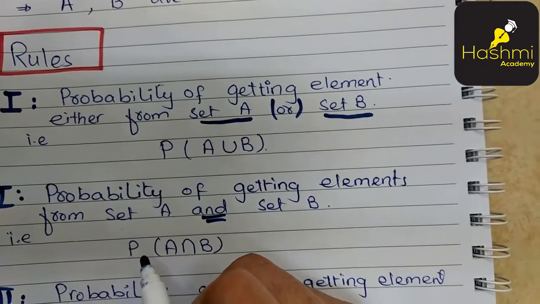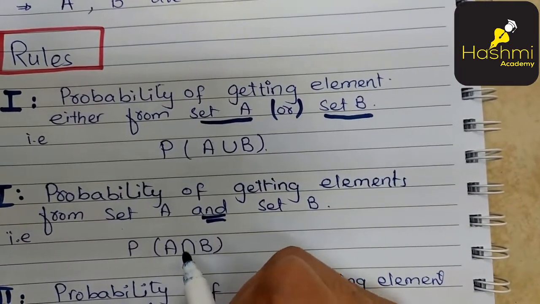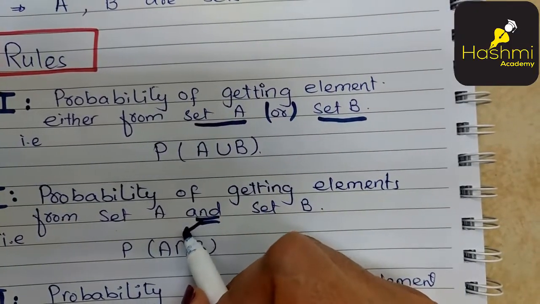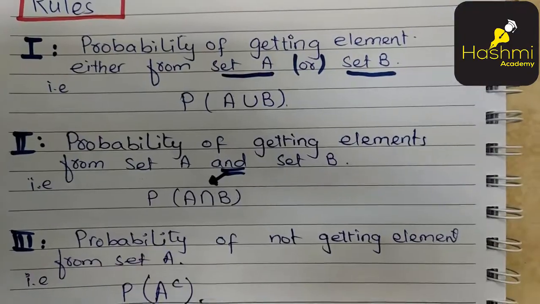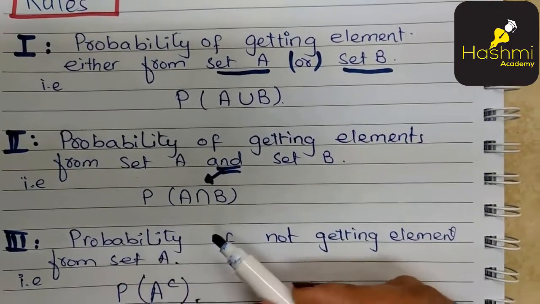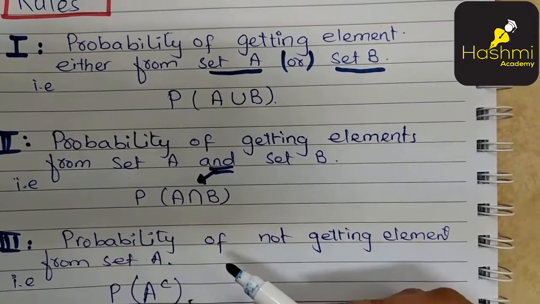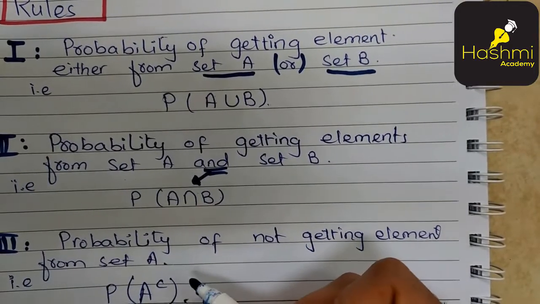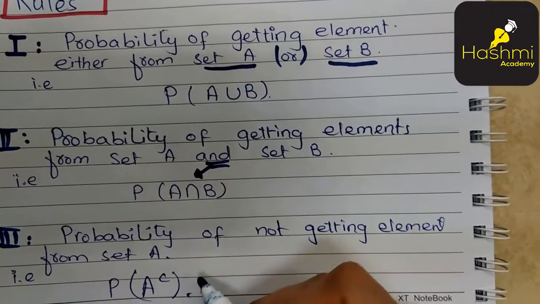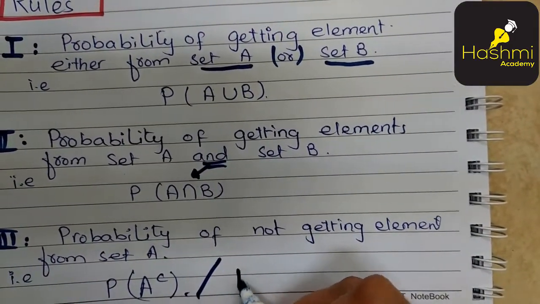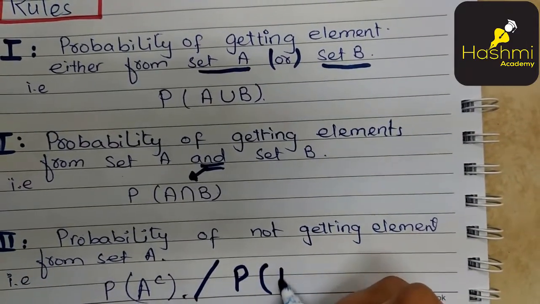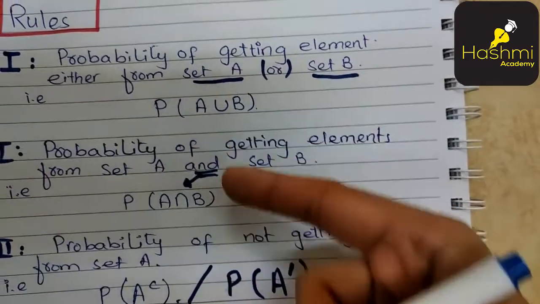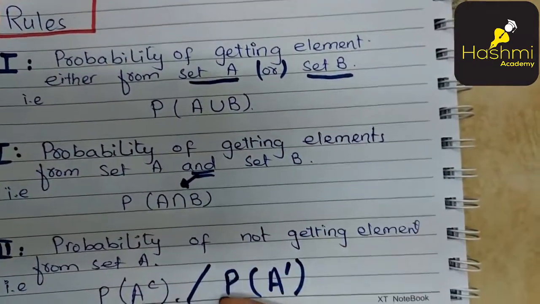So you have to find the probability of A intersection B. Intersection represents AND. From the third rule, if you have the probability of not getting an element from set A, you have to find the probability of A complement. There are two representations for the complement from your previous grade, either A C or A prime.